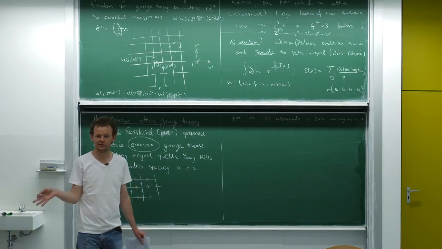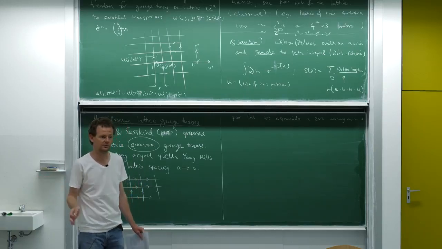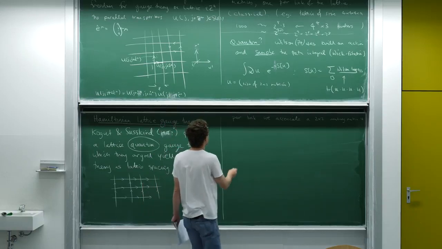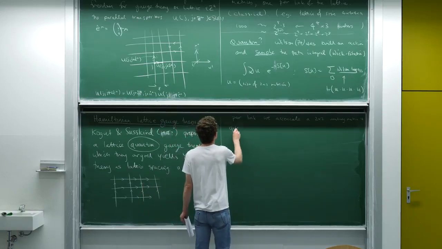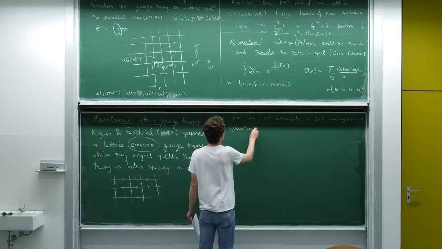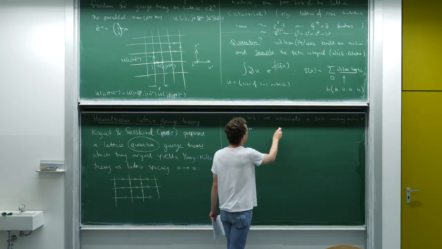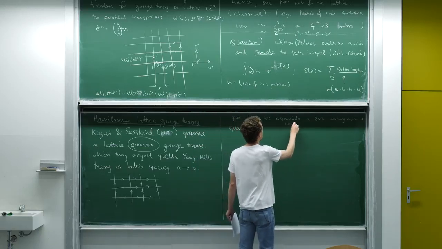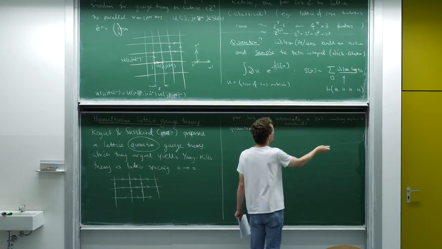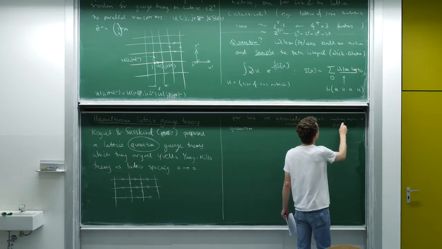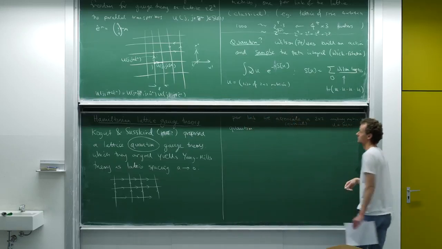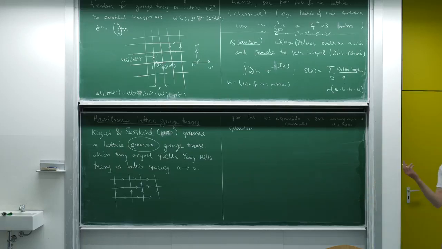So the way to quantize this is wave functions. So these unitary matrices here, they're elements of SU2. So they're just like a point in this space SU2 per link.